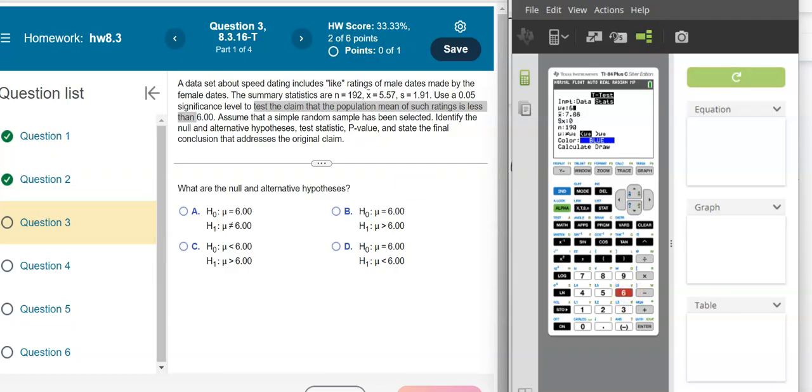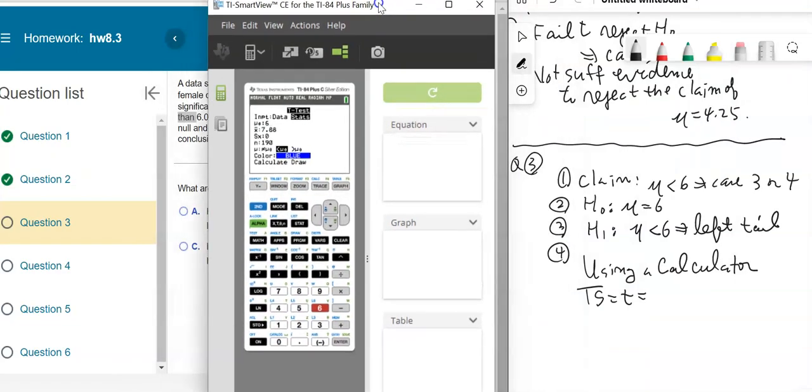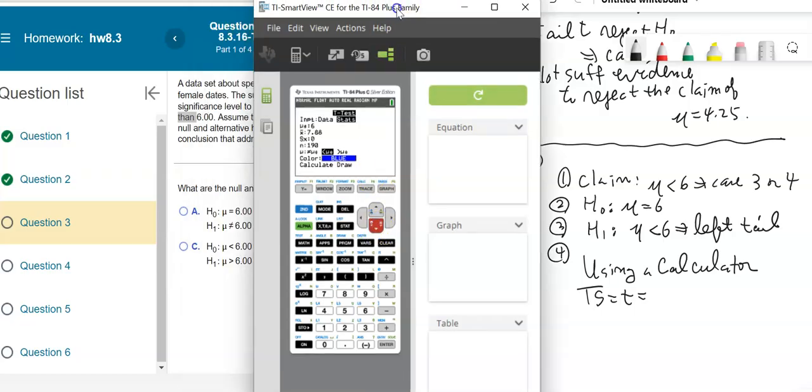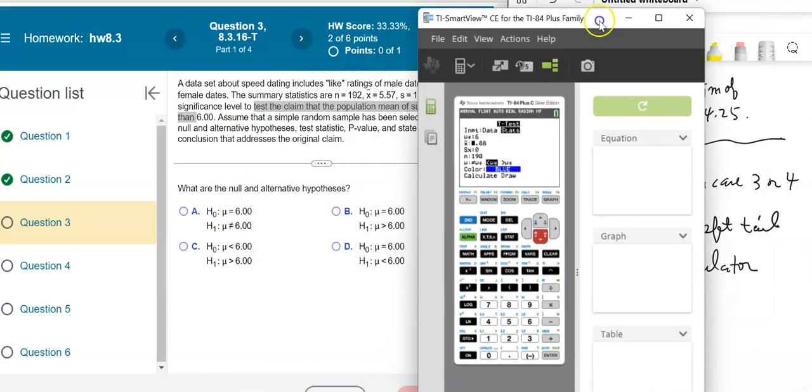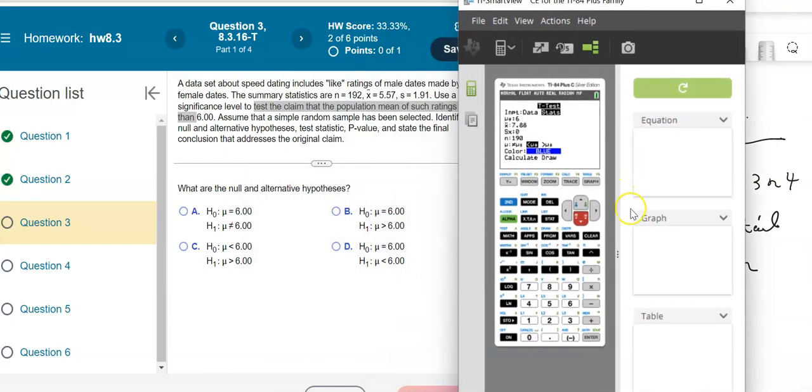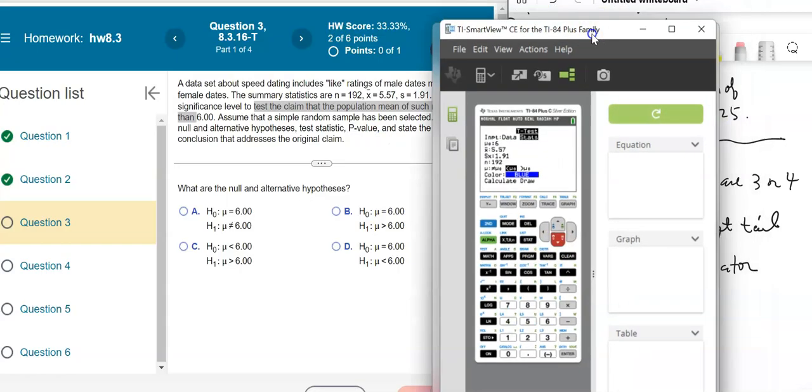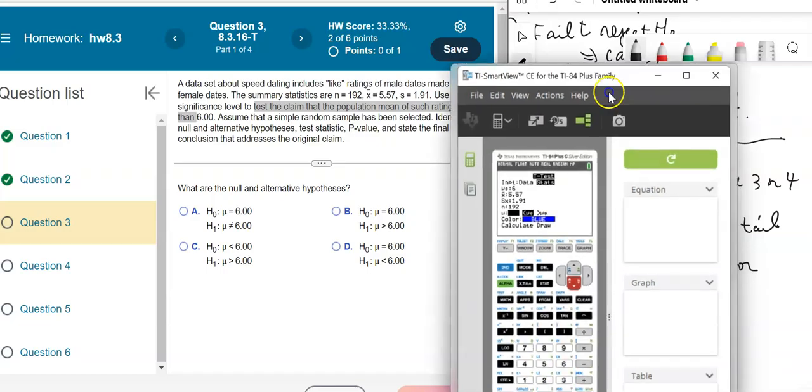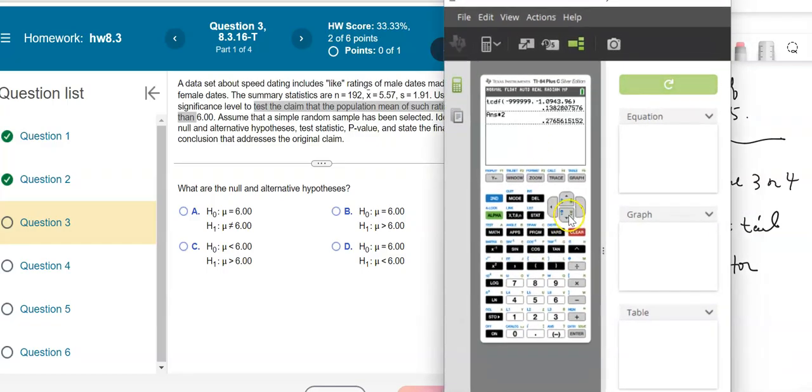Mu 0 equals 6. Sample mean x bar is 5.57, s is 1.91, and n is 192. And then which one do you want to highlight? H1 is less than.